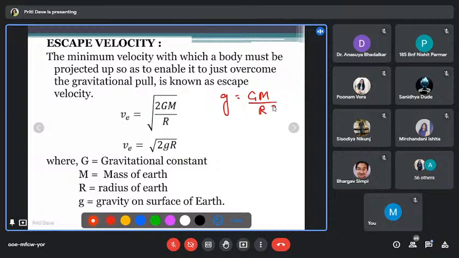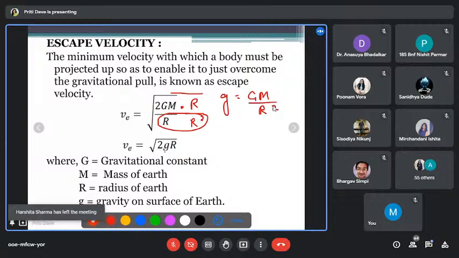So in this case, I only have GM by R. If I multiply this by R and divide this by R, then this becomes R square, and then I can replace it with g. So then the other formula is root 2gR. Alright, again, you are expected to remember the formula. More often than not, gravitational constant, mass of Earth, radius of Earth will be given, but acceleration due to gravity will not be given.